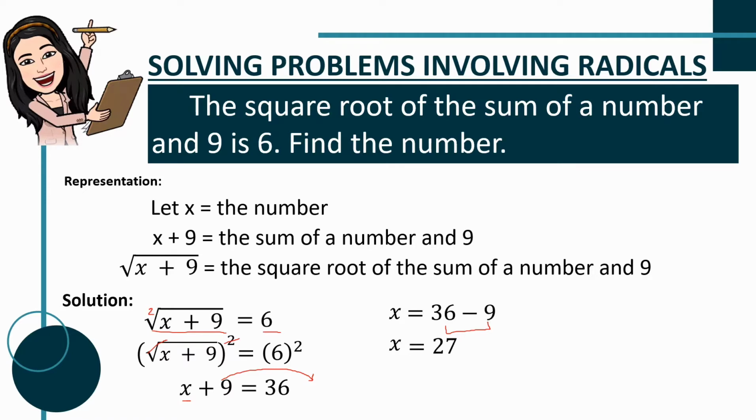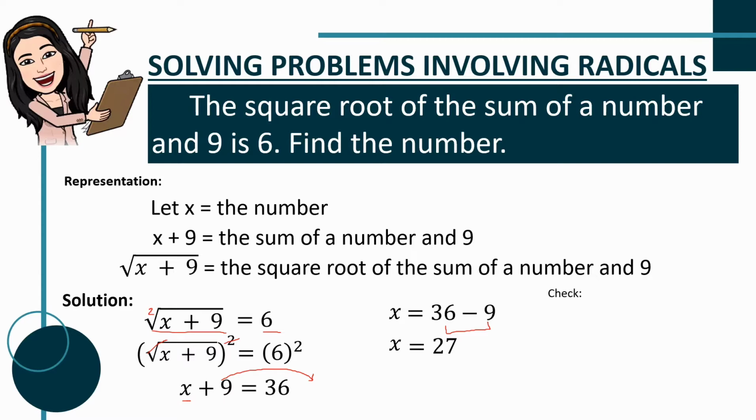So, therefore, our x is equal to 27. Now, we have to answer what is being asked in our given problem. In the problem, we are tasked to find the number. So, our answer will be, the number is equal to 27. Okay, you have to put it.